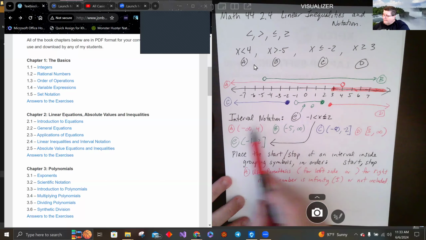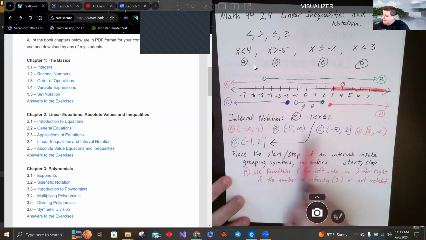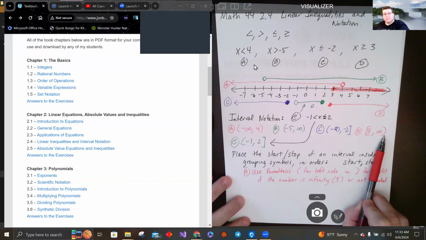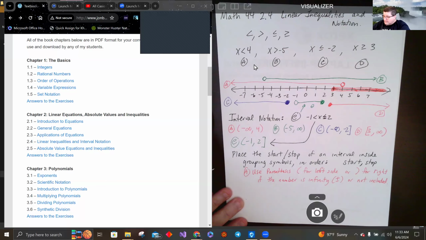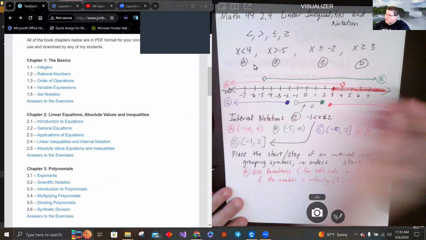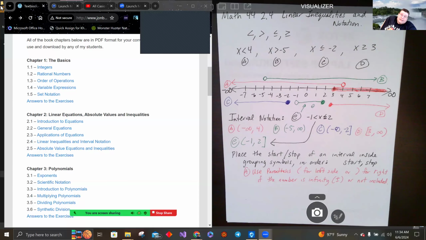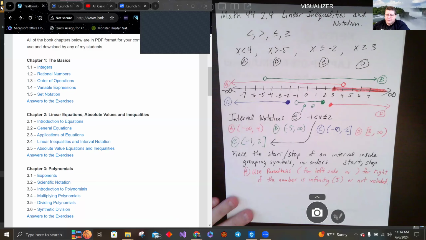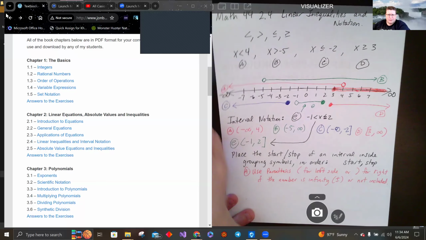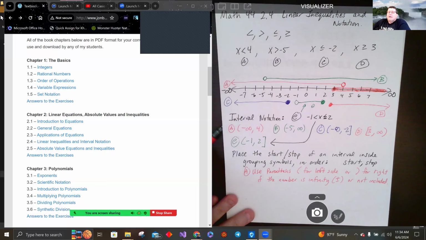So everywhere I had an infinity, you'll notice I have a parentheses. Negative infinity is all the way to the left. Positive infinity is all the way to the right. It is not an actual number. It is a concept. Infinity is the largest number possible, but if we gave it a value, we could always pick a number, add 1 and have a bigger value. So it's more an idea.